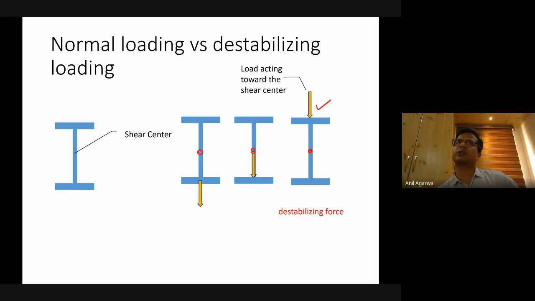Can anybody try to explain why this would be a destabilizing case versus the first two cases? It should not be very difficult to visualize.